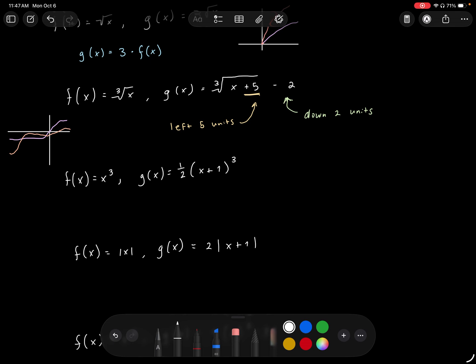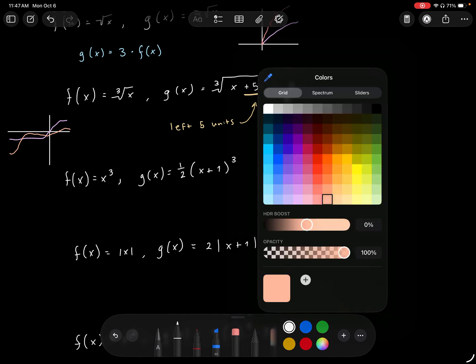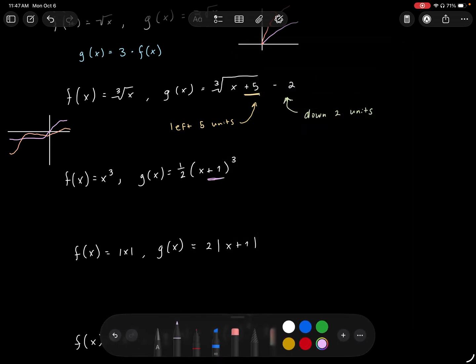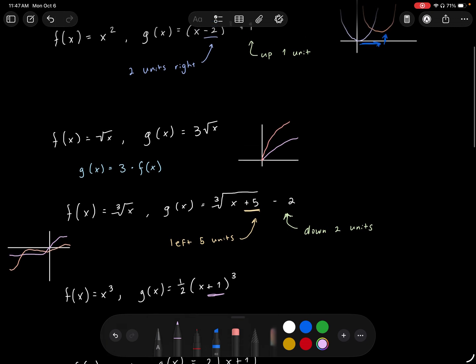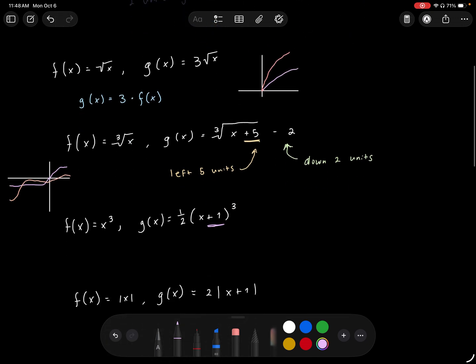Now for this one, however you want to start, that plus 1, what's going to happen? Exactly. It's going to move it to the left 1 unit.